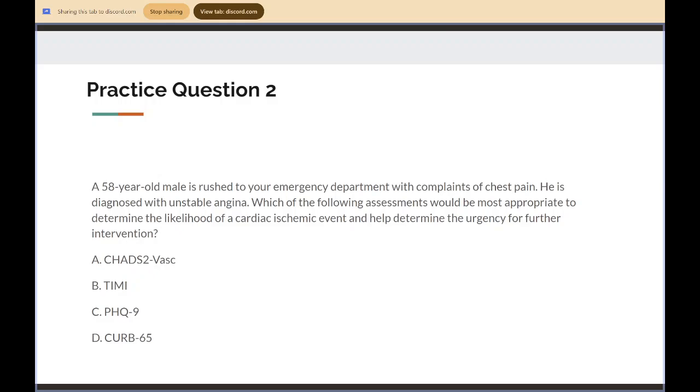And choice D, CURB-65. If you don't know, it is okay to guess.